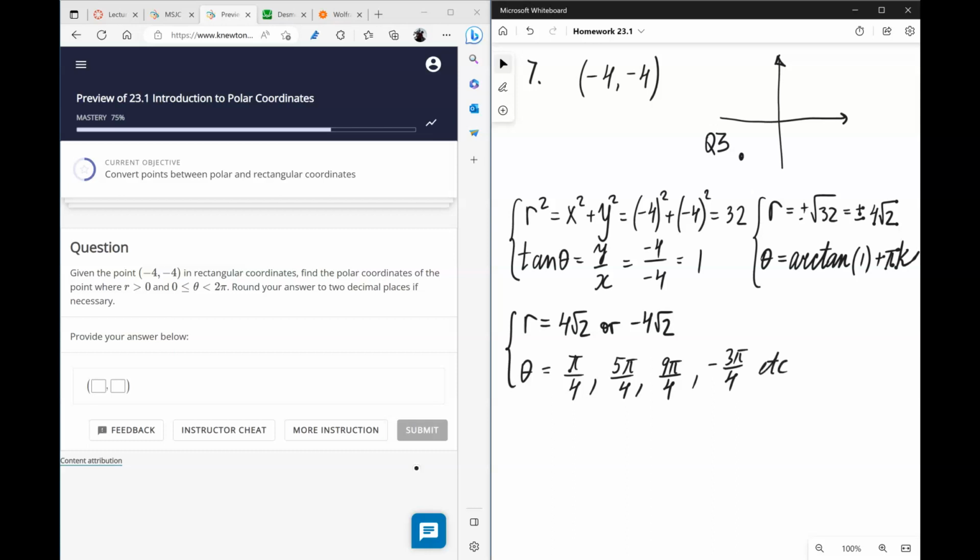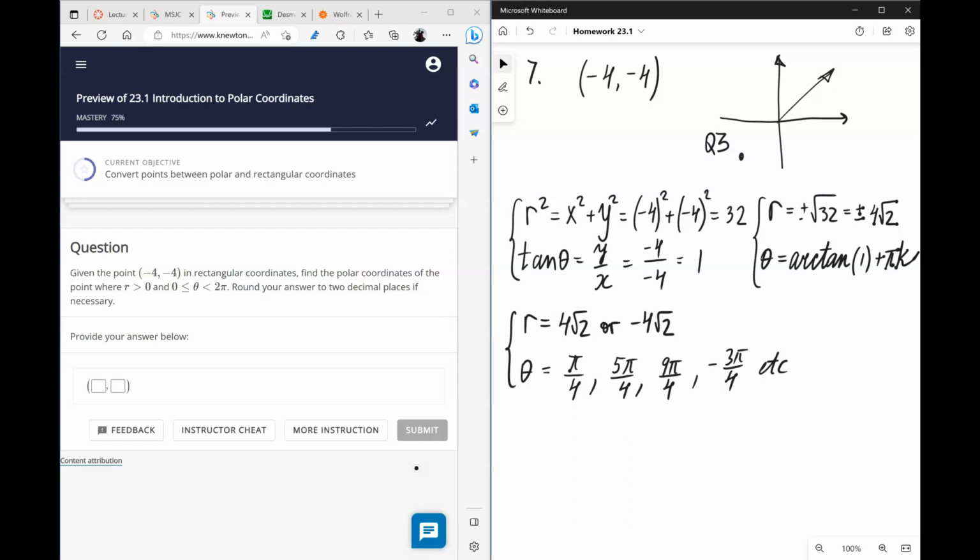So now we have to pick a pair of values for r and theta that just makes sense, that places the point in the third quadrant. And notice that if you pick pi over 4, you'll be facing this way, so you have to pick the negative value.